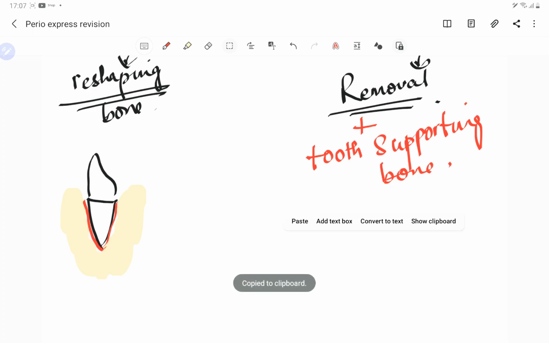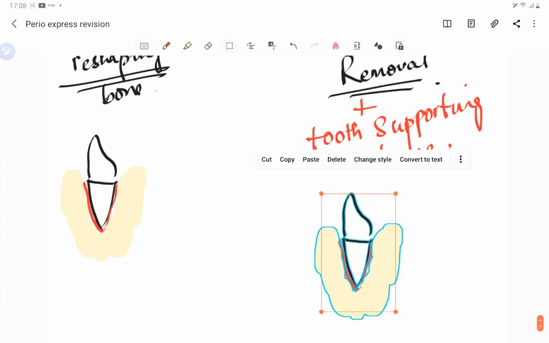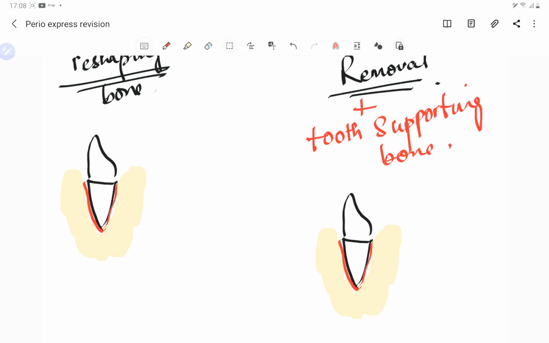So let's see the same situation out here. Now guys, if we are removing the bone from this particular part, like this particular bone is removed, that means there is no PDL, no periodontal ligament, no supporting structure.